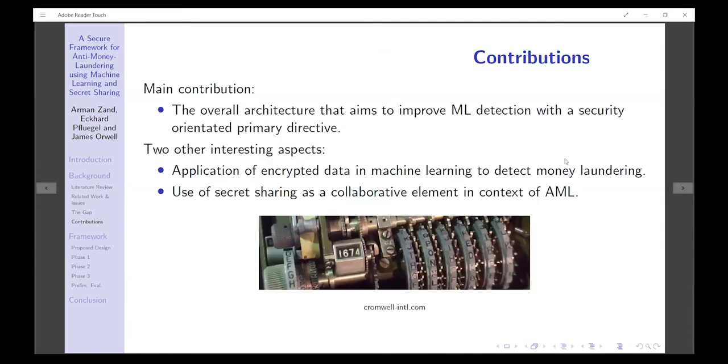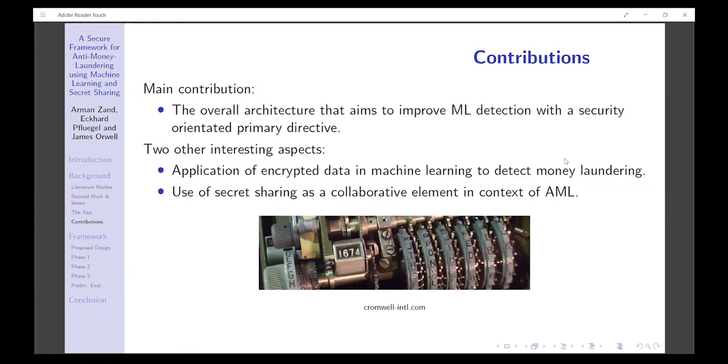So we have a main contribution, which is the overall architecture that aims to improve money laundering detection with a security-oriented primary directive. This main contribution has two interesting aspects to it.